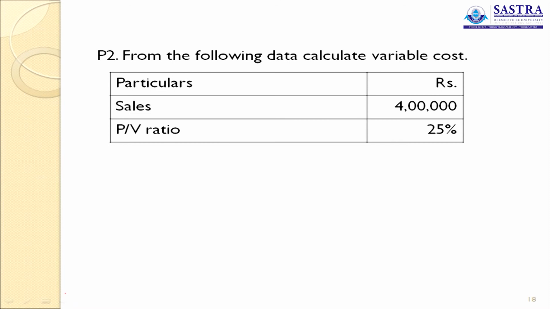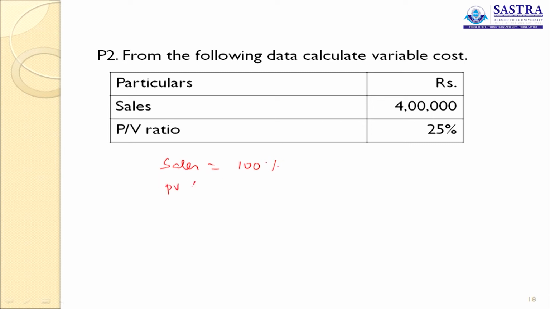Problem 2. From the following data, calculate variable cost. Here they ask you to find variable cost, not PV ratio, because the PV ratio is given. Once the PV ratio is given in terms of percentage, immediately assume that sales equals 100%, 100.